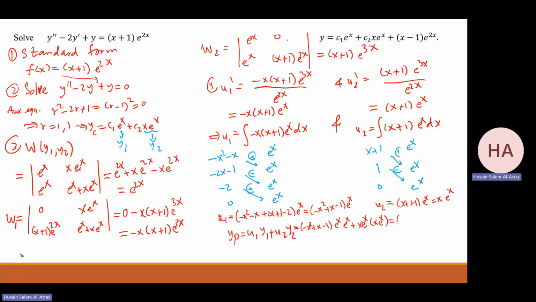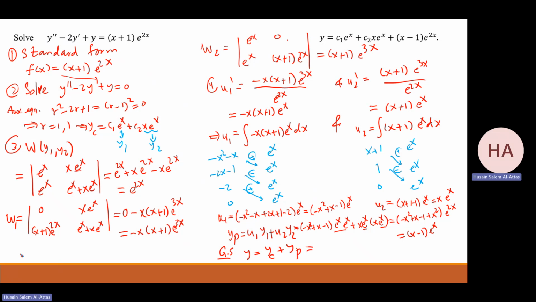So that gives me what? I have minus x squared plus x minus 1, I have e to the power 2x. Also, I have e to the power 2x plus x squared e to the power 2x. So that gives me what? x minus 1 e to the power 2x. That will be yp.